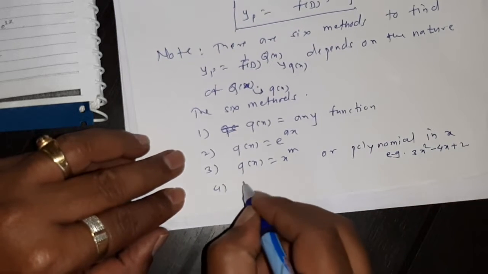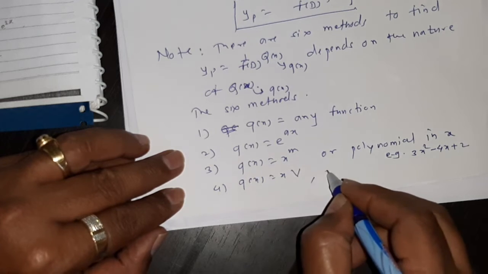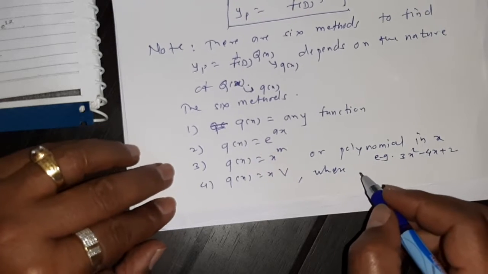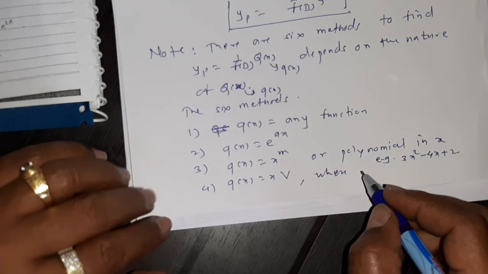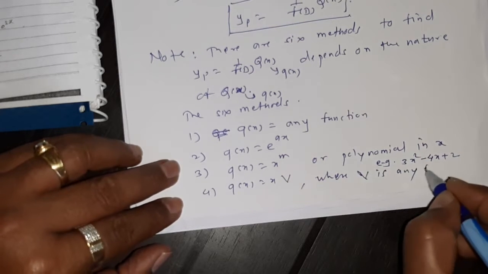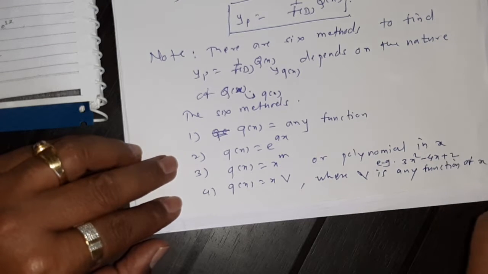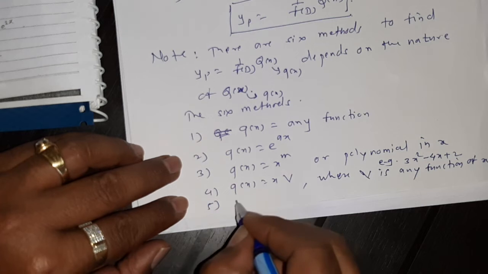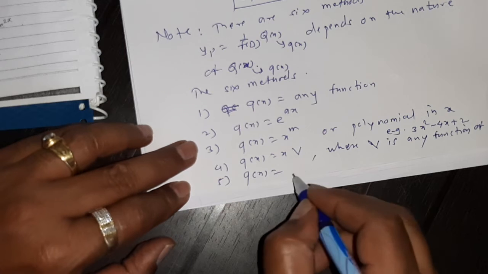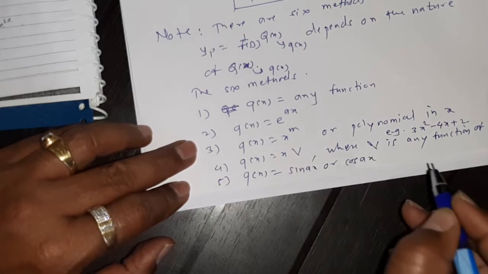The fourth type is Q(x) is e raised to ax times V, where V is any function of x. The fifth type is Q(x) is sin ax or cos ax.